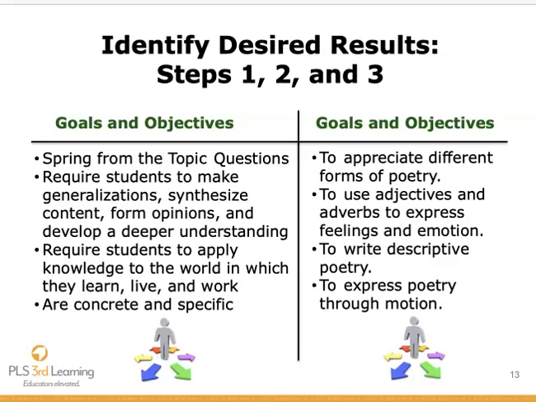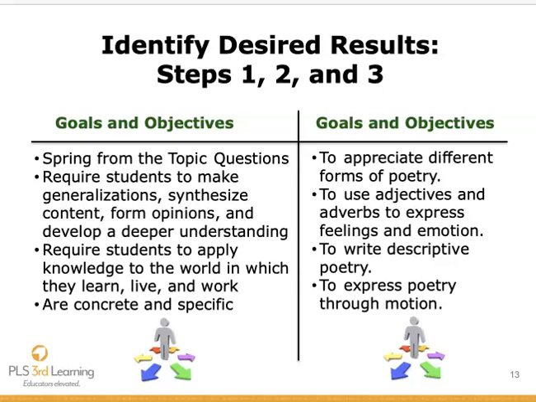On page 160, from the topic questions, we can write our goals and objectives, what the students will know and be able to do. Goals and objectives require students to make generalizations, synthesize content, form opinions, and develop a deeper understanding.